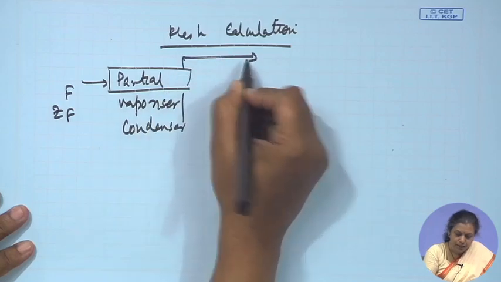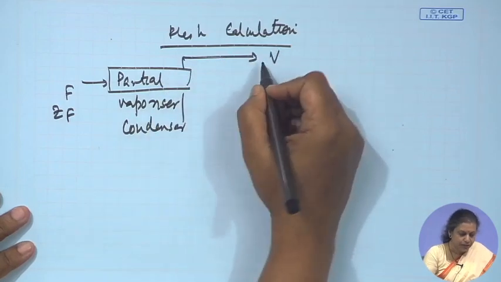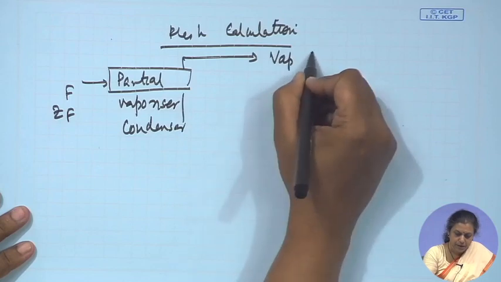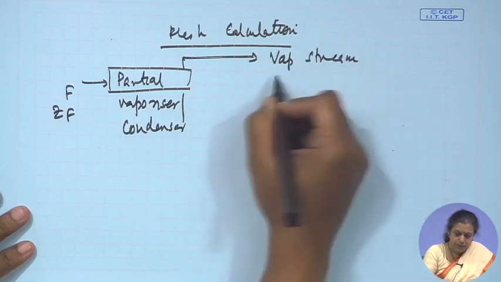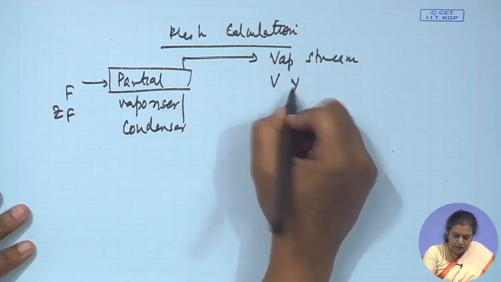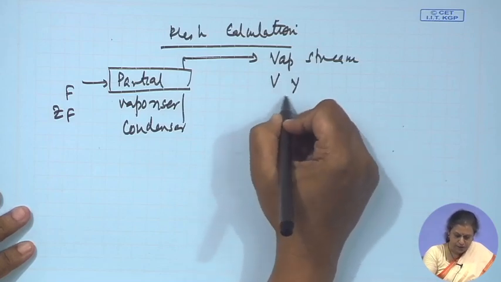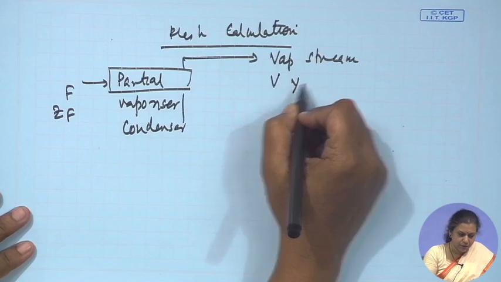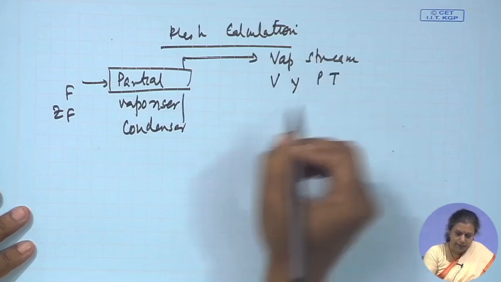From here what do I get? It flashes, and I get a vapor stream where the amount of vapor formed is V moles, the composition is given by Y, at a given pressure and temperature.